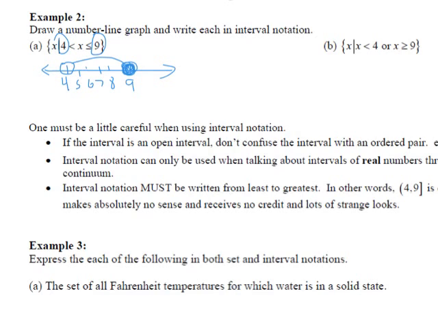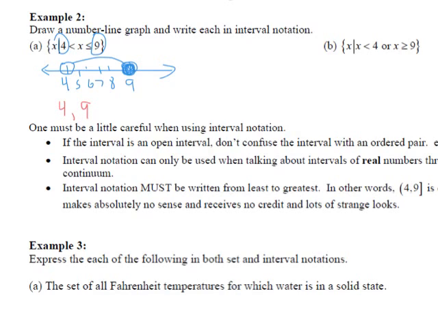It should also be noted that when your end value is not included, this is just less than, we do an open circle, and when it is included, we do a closed circle. And as far as translating this into interval notation, our lowest possible value is 4, our highest possible value is 9, and we always go from lowest to highest.